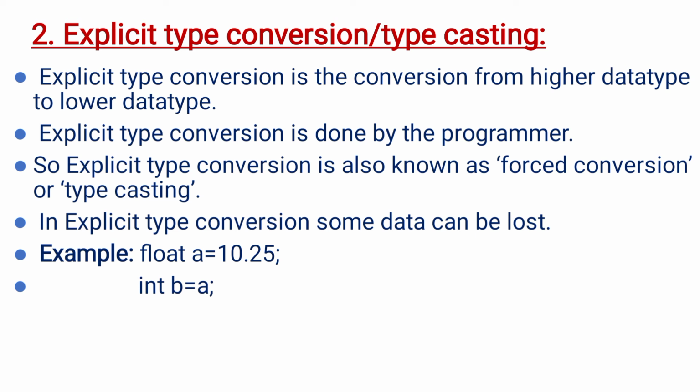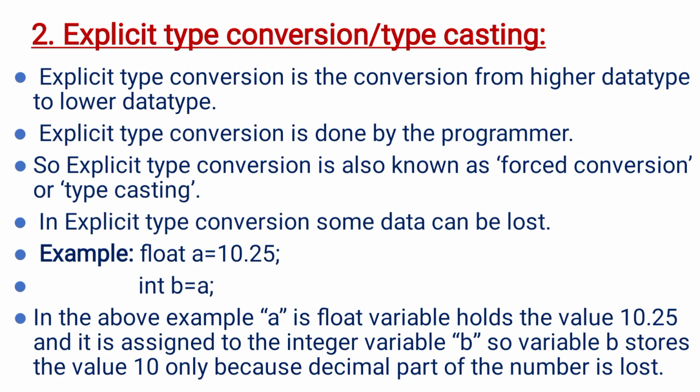That's why the decimal part, the fraction part, we are losing here. So 0.25 we are losing here. In the above example, a is a float variable holding the value 10.25 and it is assigned to the integer variable b. So variable b stores the value 10 only, because the decimal part of the number is lost here.